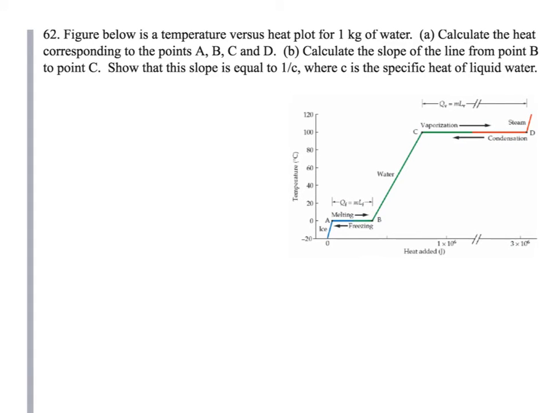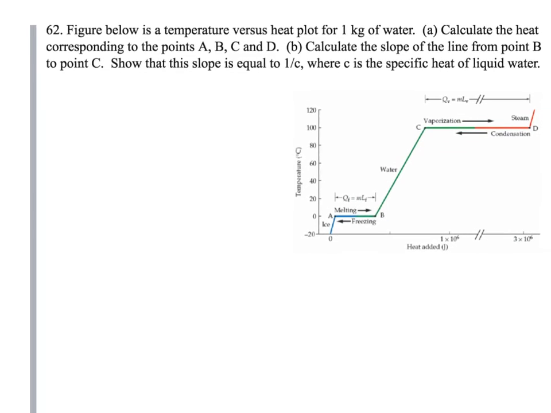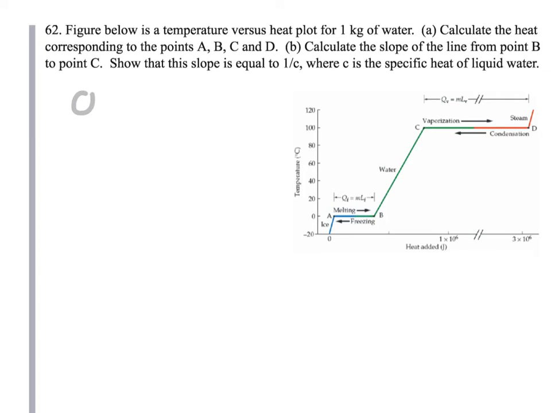So at A, heat's added, and we're going to use the specific heat here, and so we wind up with a Q. We have a Q sub A, and that's equal to our mass, and then our specific heat of ice, and then our change in temperature.